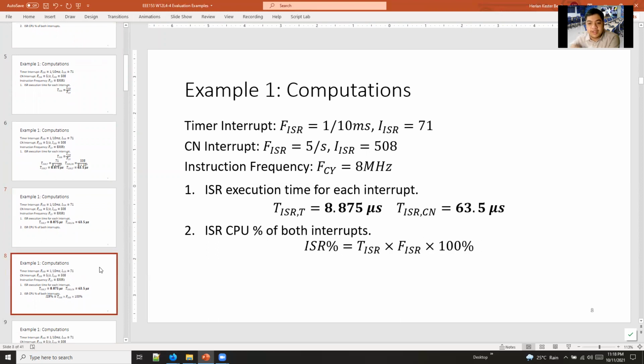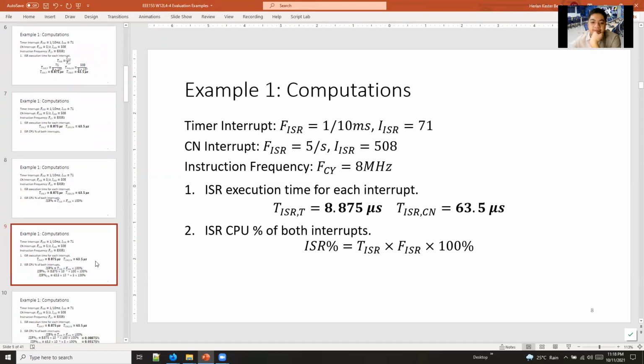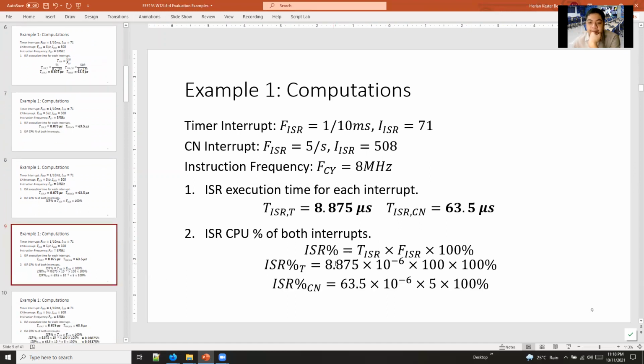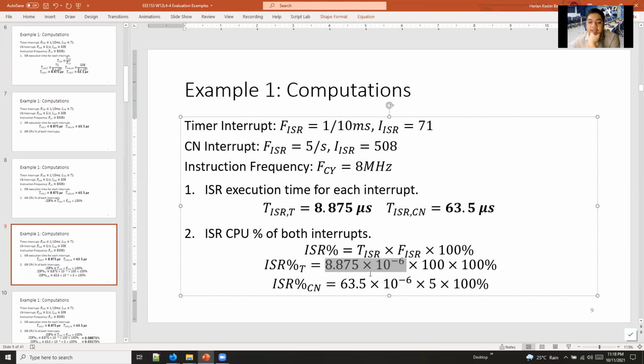So ISR CPU percentage, if we are given the execution time, i-multiply lang natin siya dun sa frequency ng ating interrupt. So for the timer, 8.875 microseconds times 1 over 10 milliseconds, which is 100, times 100%.